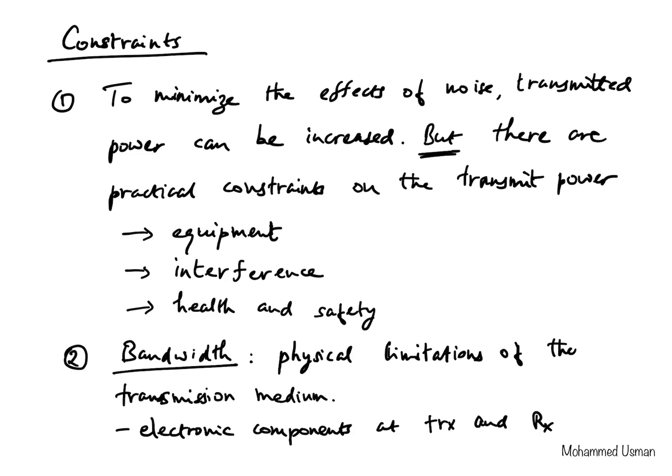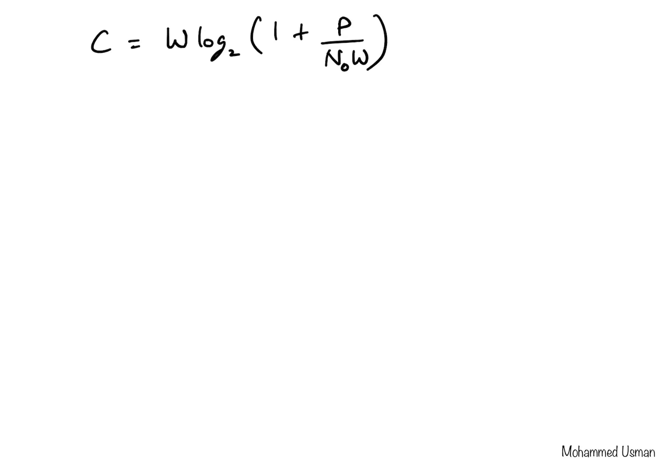We cannot simply increase them as we wish because there are practical constraints on these parameters, and therefore that limits the capacity of the channel, and therefore that limits the speed or rate at which we can reliably communicate over the communication channel, because the capacity of a communication channel depends on the bandwidth as well as the signal power that is transmitted. Next, we shall discuss the three major types of channels in terms of the transmission medium.